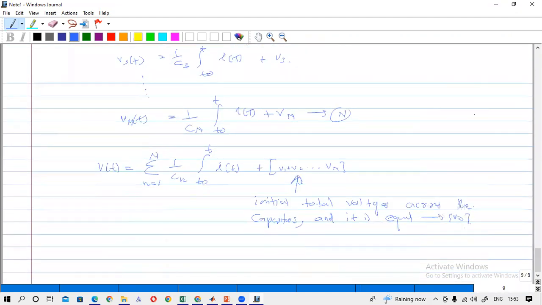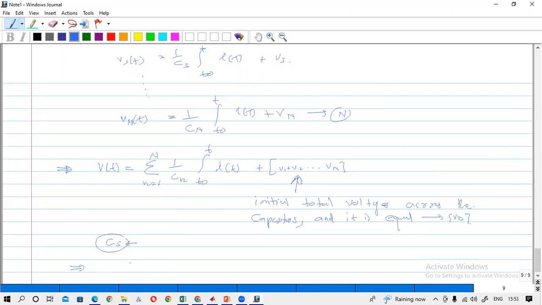Now I am going to put the first equation to the resultant capacitance. Let's say that it is Cs, the equivalent.